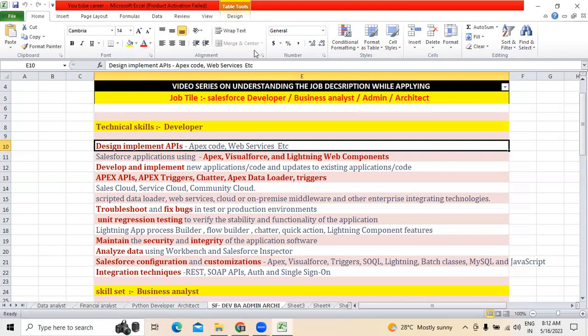Apart from that, developing and implementing new applications in Salesforce, followed by updating existing applications, is also essentially required. Whenever we provide solutions for the customer, there will be two types.